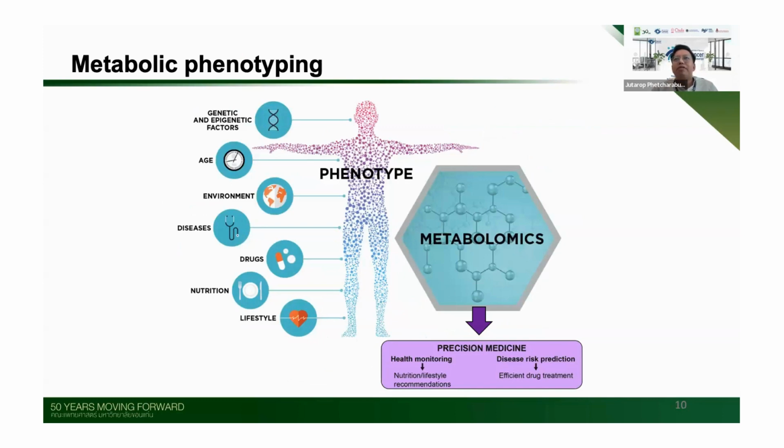That means the phenotype can be monitored thoroughly using metabolomics. And the metabolome data can lead us to precision medicine in two arms. One is for health monitoring. In that case, we can look into nutrition, lifestyle, and gene-diet interactions, for example. The other arm includes disease risk prediction. And also we can use metabolomics to estimate the efficiency of drug treatment as well.